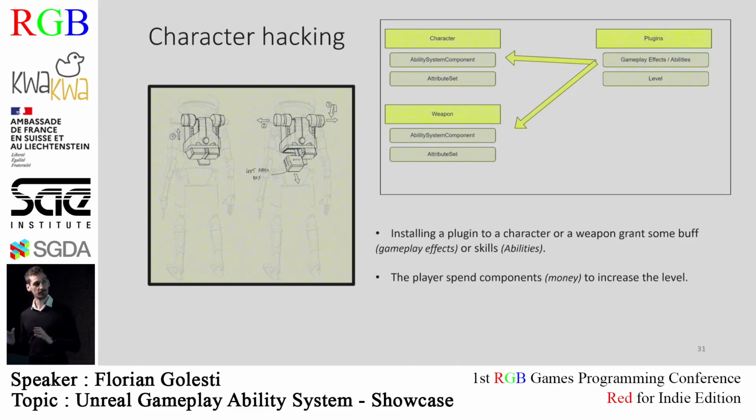We have plugins that we can set on our character or on our weapon, and those plugins will buff the character or the weapon with some gameplay effect or give abilities. And the player can spend the components, the currency or the money in the game, to increase the level of each plugin, and it will increase the level of the gameplay effect or the abilities.